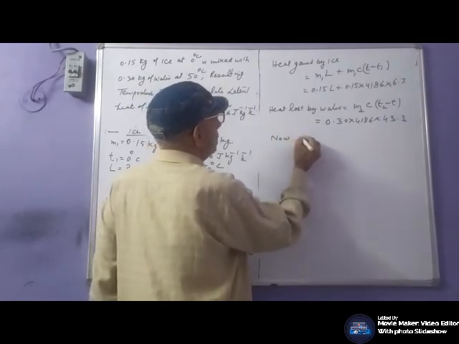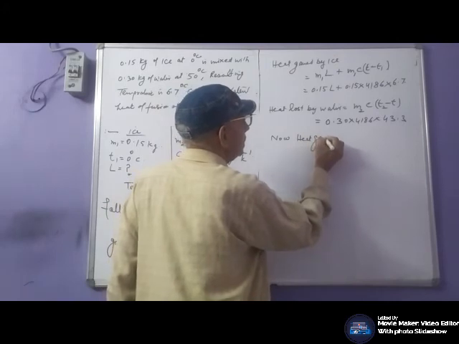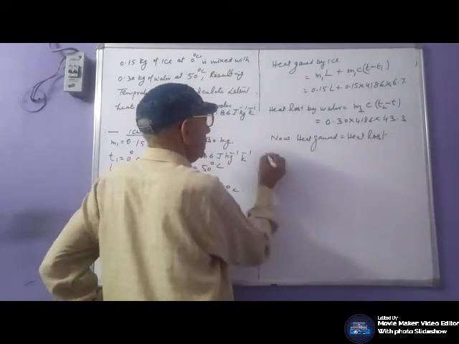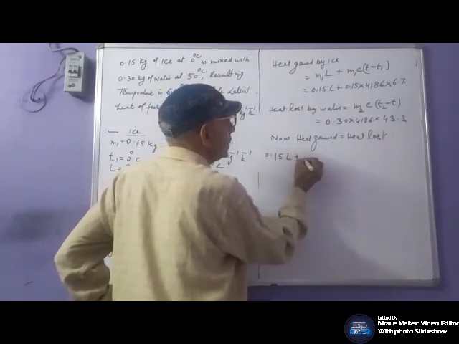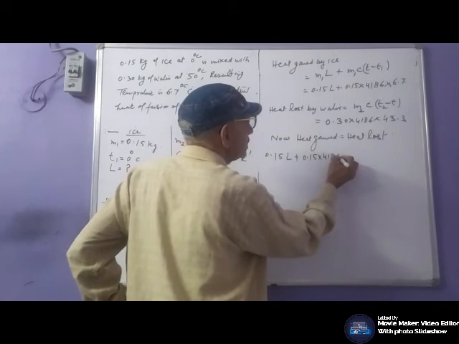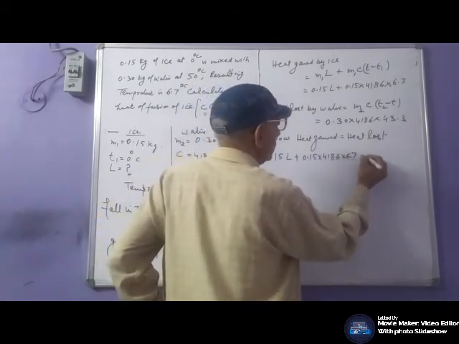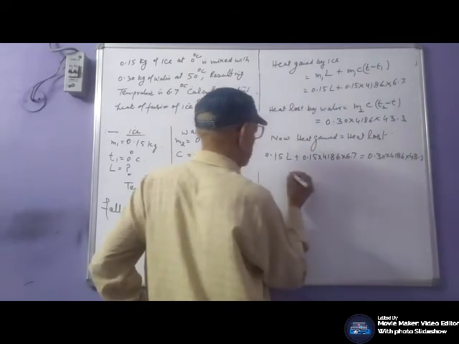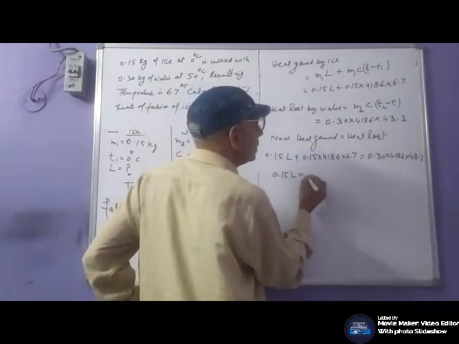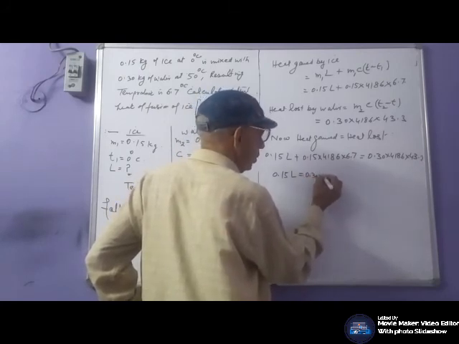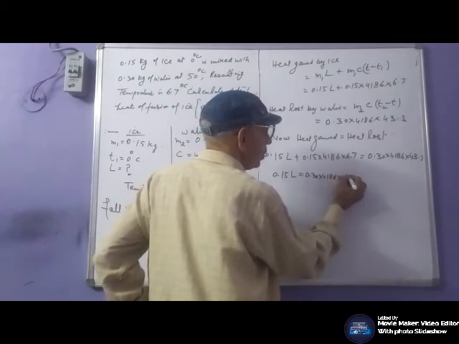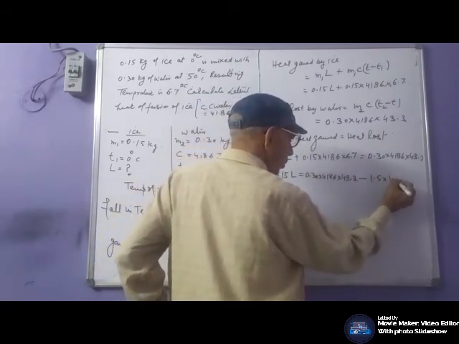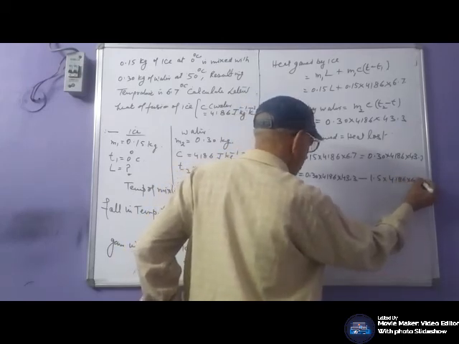Now heat gained equals heat lost. This is the principle of calorimetry. 0.15 L plus 0.15 into 4186 into 6.7 equals 0.30 into 4186 into 43.3. So 0.15 L equals 0.30 into 4186 into 43.3 minus, taking this to this side, 0.15 into 4186 into 6.7.